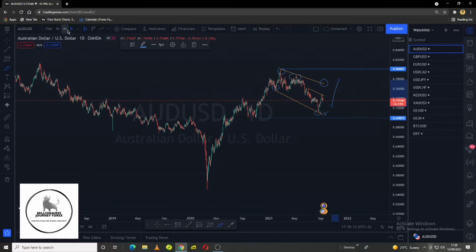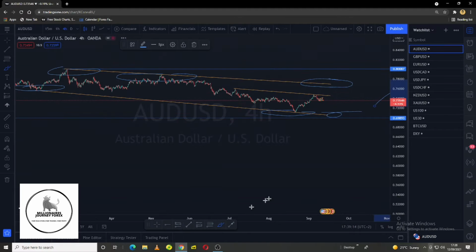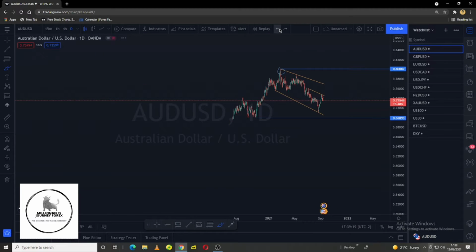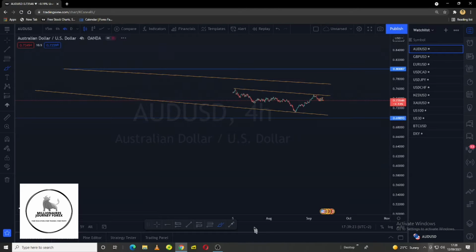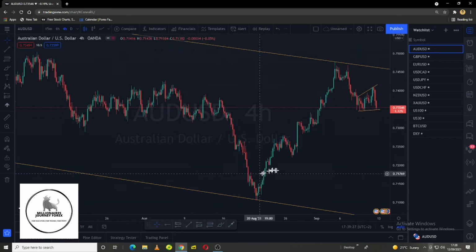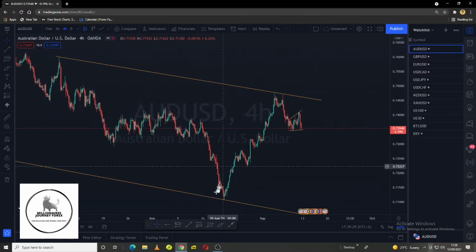But what are we looking for when the market opens in a few hours? When the market opens, we are looking to be selling this pair, because we see that it came here, rejected this level, and then dropped, right?